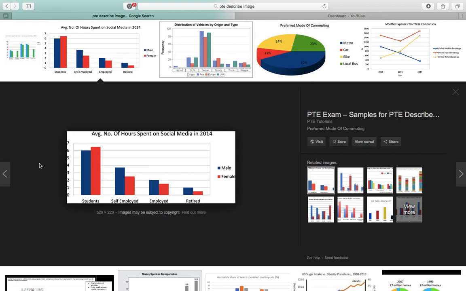In this case, I can say something like the male and female students spent about 6 hours per week on social media in 2014, whereas in case of retired male and female, they spent less than 1 hour.